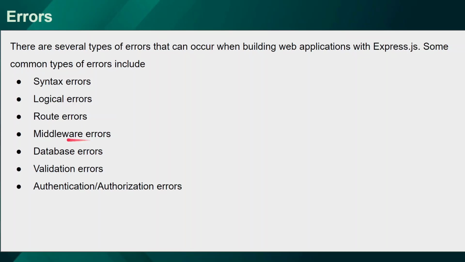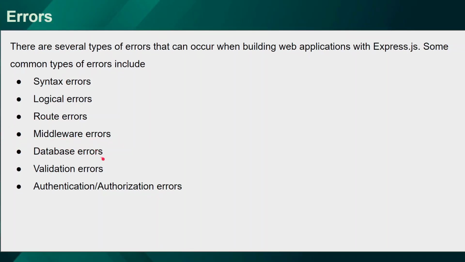This may happen because of some procedure error inside the middleware, or because a middleware is called but it is placed in the wrong place, right? Such use cases may result in middleware errors as well.